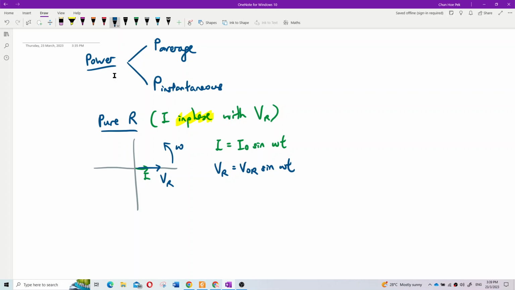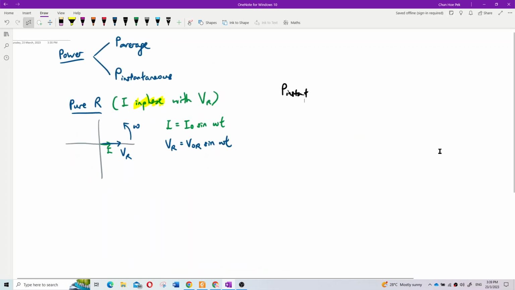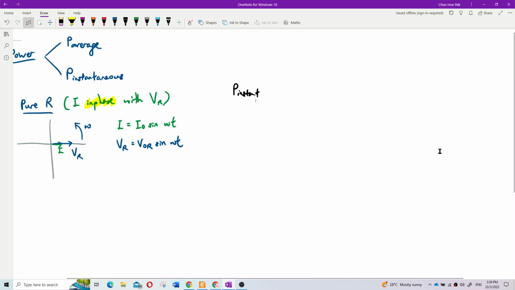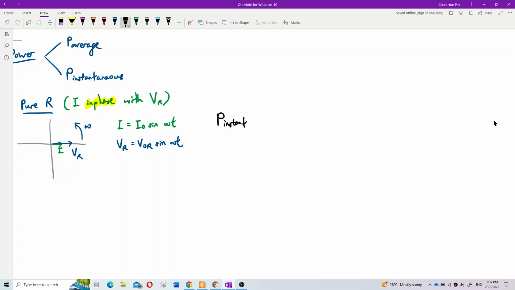Now to calculate, first we calculate instantaneous power. What's the formula for instantaneous power? I put it here: power, instantaneous power. Instantaneous power is you just multiply I by VR.